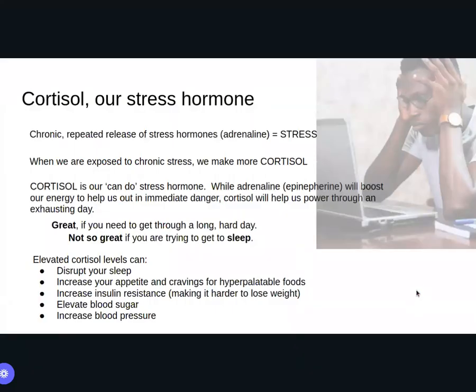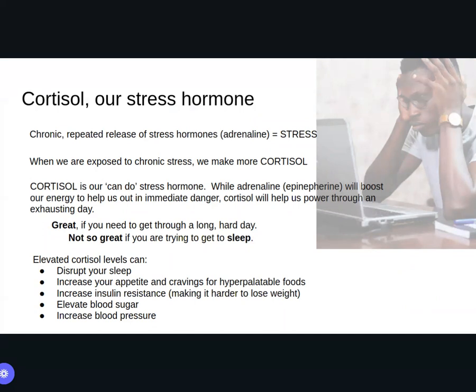Oh yeah, this is a little slide that talks about cortisol. It's stress, anything that causes chronic stress, because a little bit of stress is okay. Every time we exercise is stress, but chronic, repeated exposure to stress raises our hormone cortisol. Cortisol comes up first thing in the morning, gets us out of bed and gets us going, hopefully.